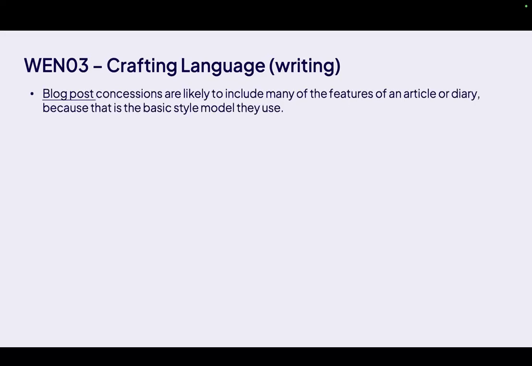Okay, a blog post. Let's move on to this. Blogs. This is important when I mentioned also about the imaging a little moment ago. Concessions are likely to include many of the features of an article or a diary. A blog post is the more modern version of an article or possibly the diary or the journal, because of the style model that they used.